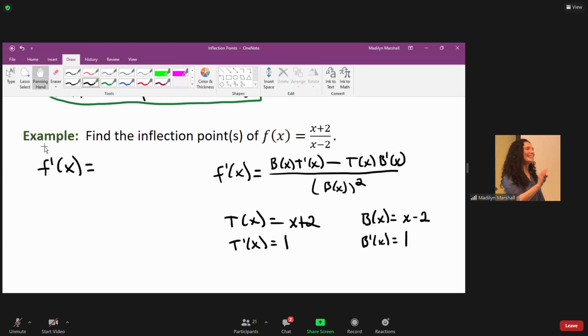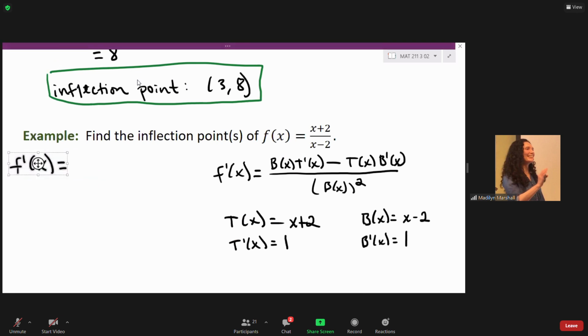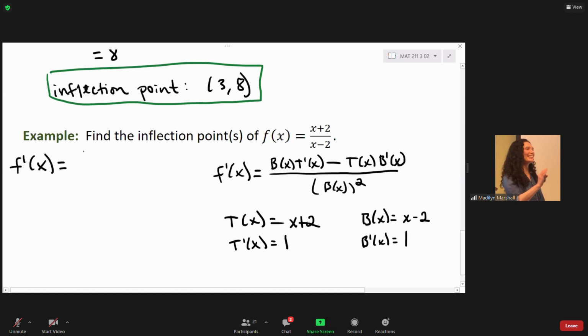So then we just need to fit all of that into our derivative formula. So we have the bottom, x minus 2, times the derivative of the top, which is just 1, minus the top, which is x plus 2, times the derivative of the bottom, which is just 1, all over the bottom squared.